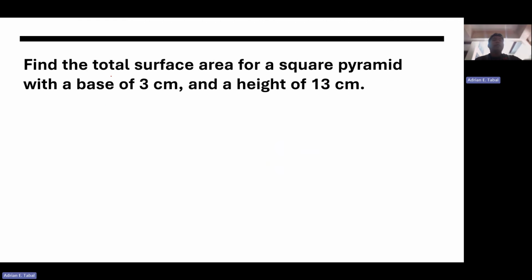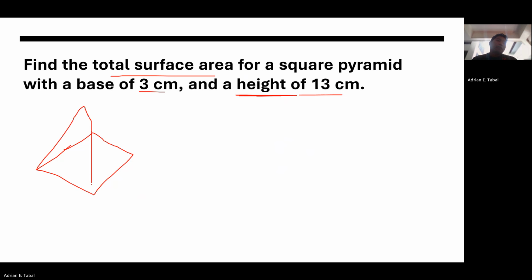Next, find the total surface area for a square pyramid with a base of 3 cm and a height of 13 cm. Again, we are given the height, not the slant height. So if we are going to draw this, this is just for illustration purposes.